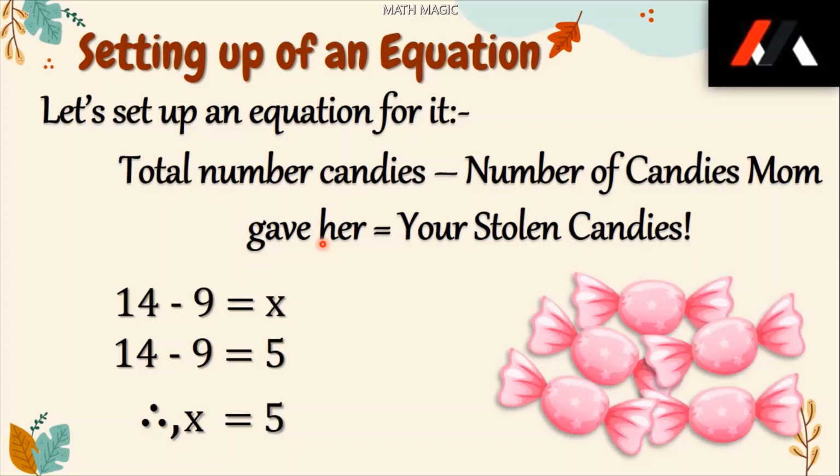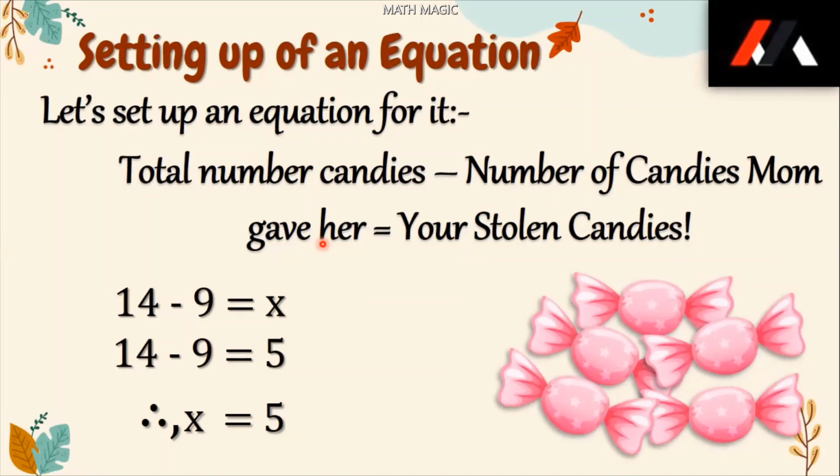Mathematical operation. Now, what are mathematical operations? Symbols such as plus, minus, multiplication, divide, all these are mathematical operations. The equal to sign is very essential in an equation. If an expression has an equal to sign, then it is converted to an equation.